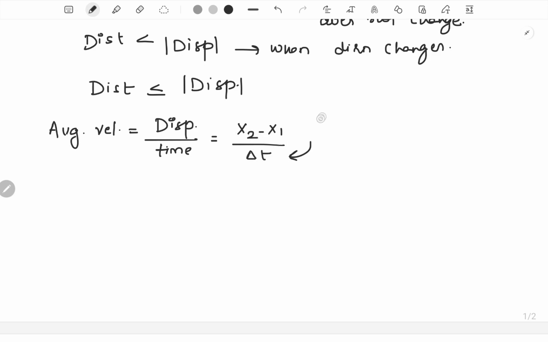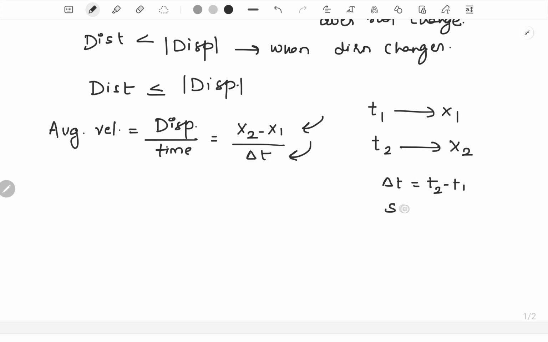Then the displacement would be final position minus initial position, which is x2 minus x1, and the time taken to move from x1 to x2 is delta t. Or we can also say something like this. Let's say at time t1 the particle was at position x1, at time t2 the particle was at position x2. Then when the particle goes from x1 to x2, the time taken is t2 minus t1.